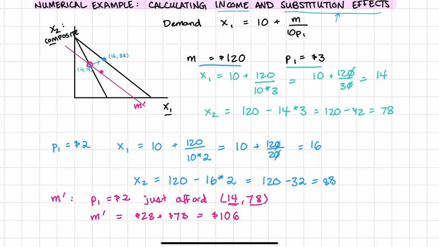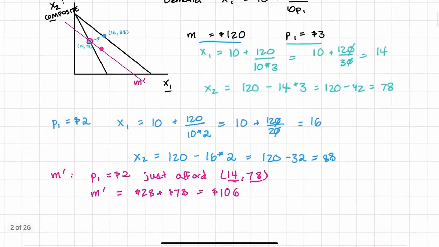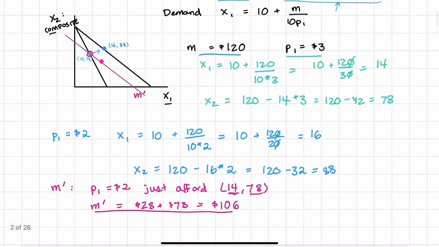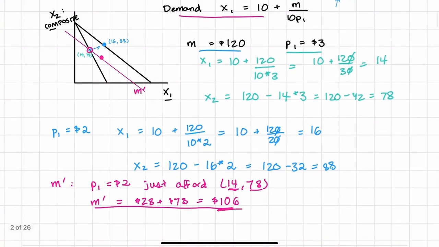But we're still not done yet. We still need to find out, where is this point? We now know our new income, it's 106. And the question is, how much do we demand of X1 at this new price and this new income of 106? We just plug and chug. Our X1 will be 10 plus the new income, 106, divided by 10 times the price.